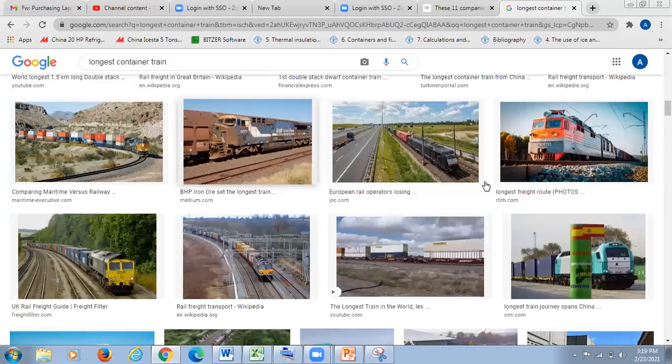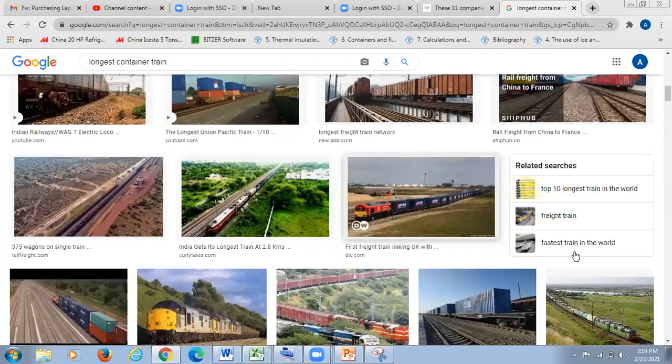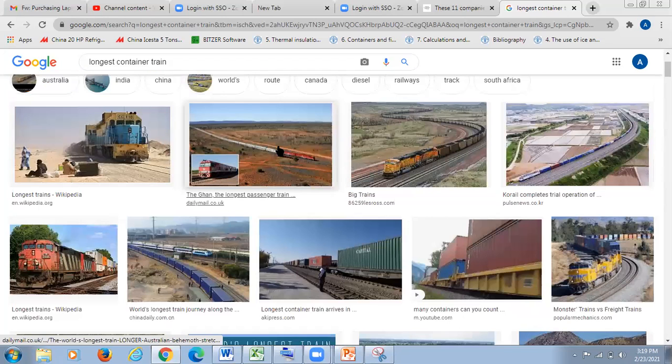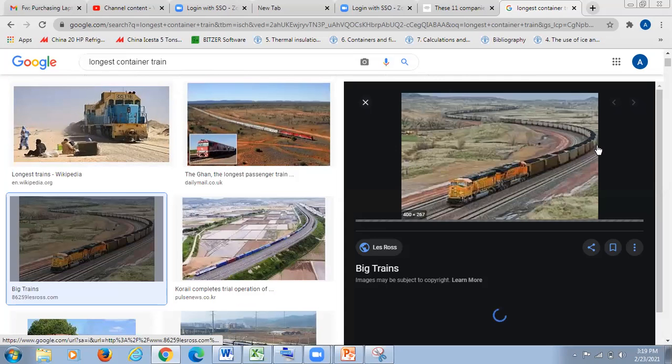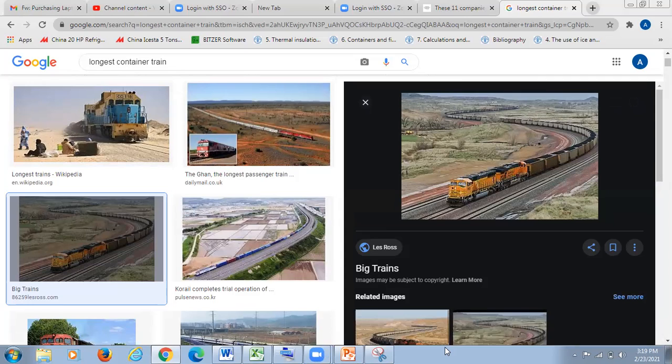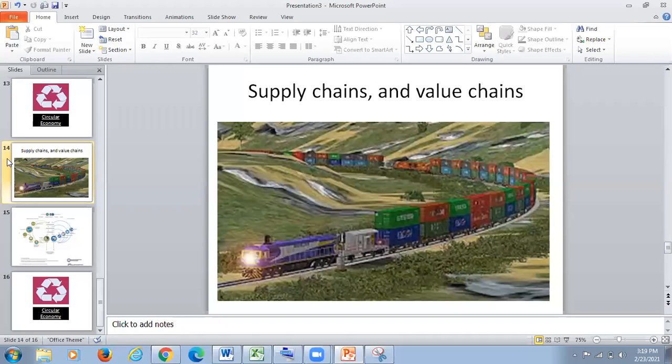You can see quite long trains. There are double deckers. Can you see the end of this train? So this may be coming from a coal mine, let's say.